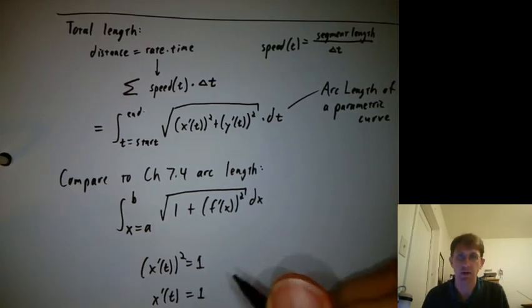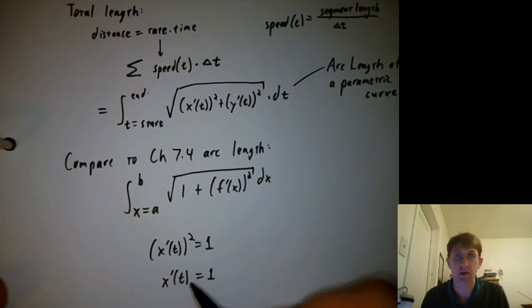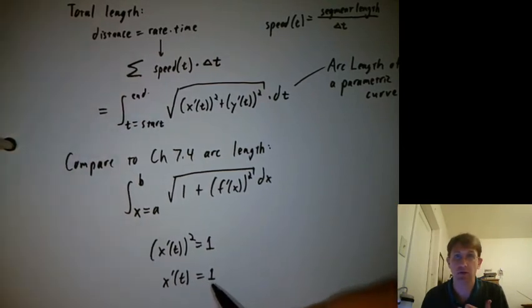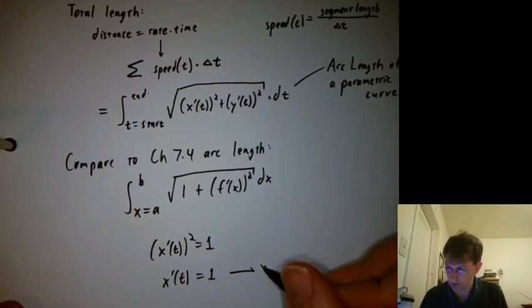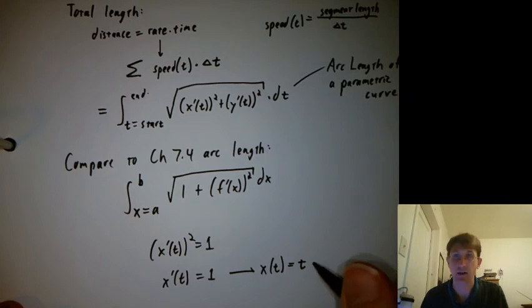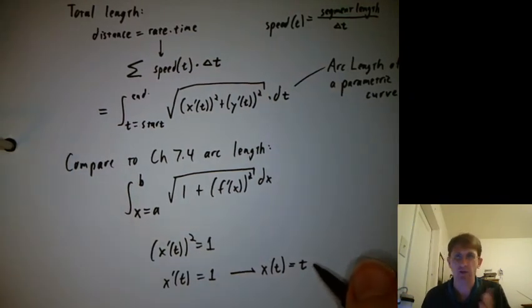I mean, it could be -1, but let's ignore that fact for now. And if x prime equals 1, what does that mean for x of t? Let's kind of take the antiderivative here. That would just be t, right? Because the derivative of t is 1. We get a plus c as well, but let's ignore that.